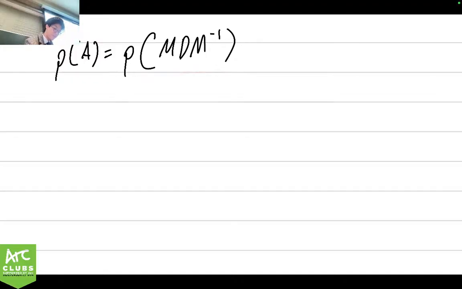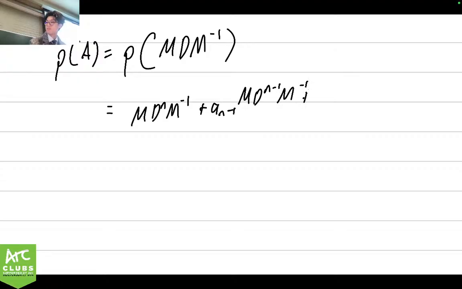What this produces is M D to the n M inverse, just substituting into each term, plus a_{n-1} M D to the n minus 1 M inverse, plus all the way to a1 M D M inverse, plus a0 I.